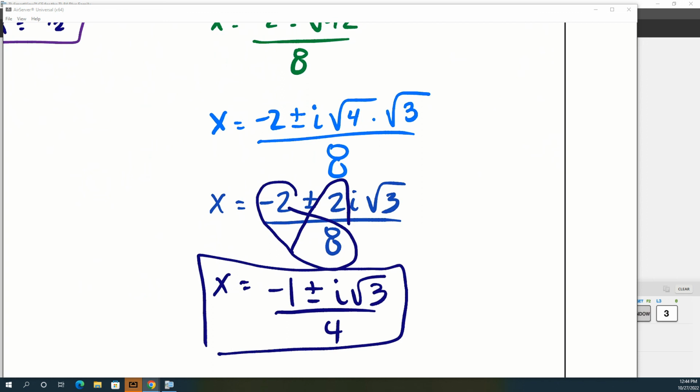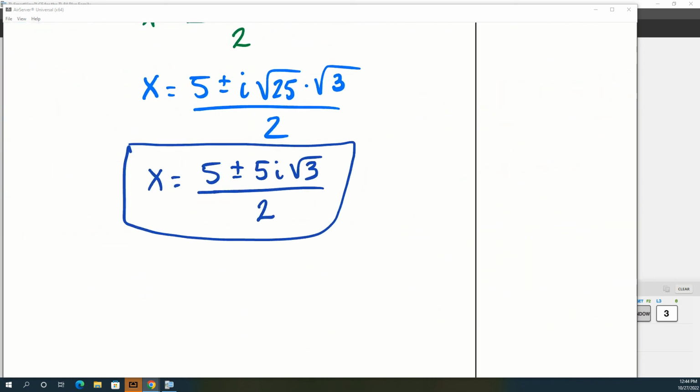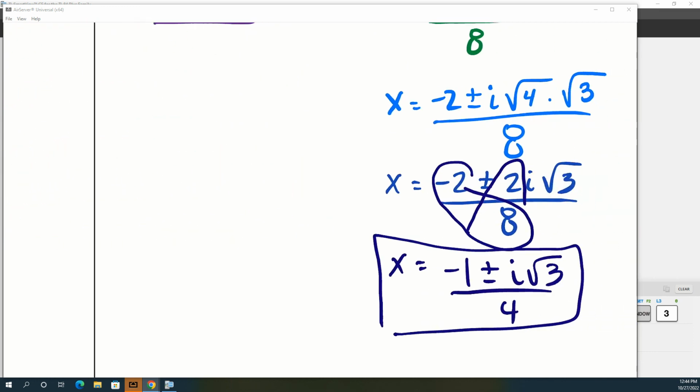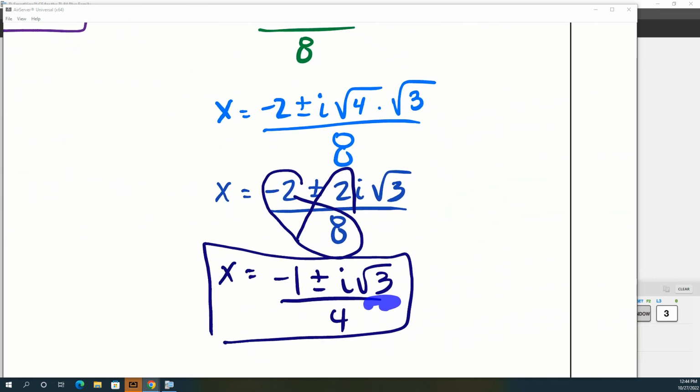Now, another thing you might notice as you're doing these sum and difference of cubes problems is you're going to have the square root of 3. So every one of these, you'll have the square root of 3 in your answer. Just something to keep in mind.